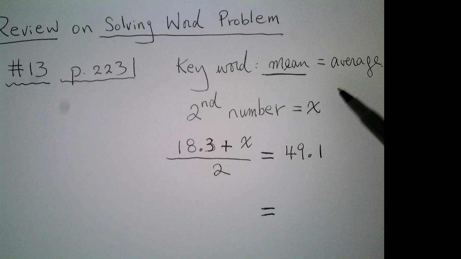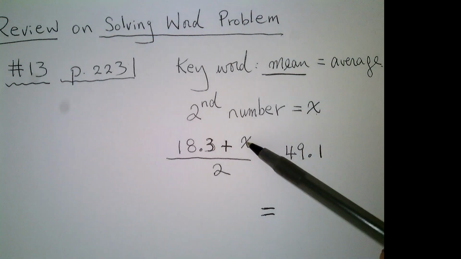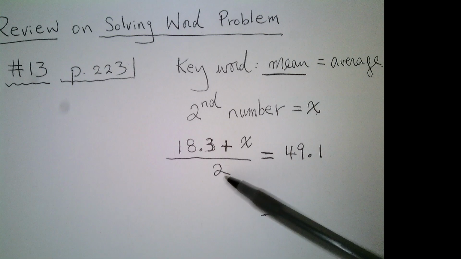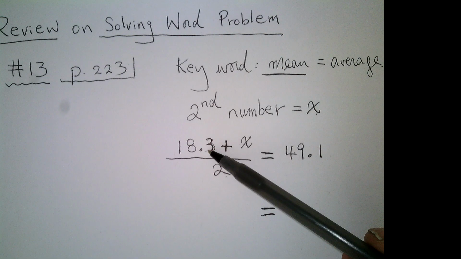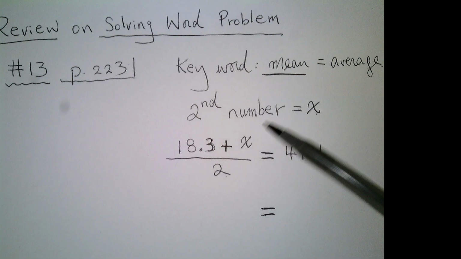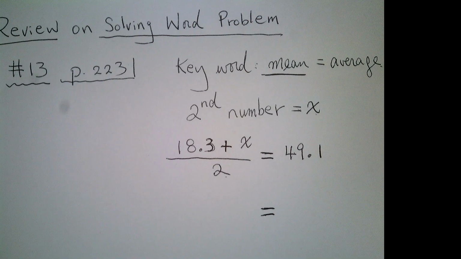The average of two numbers means you add them up and divide by 2. The question said one number is 18.3. So this year, next year, you're working on this particular skill, from looking at your steps, then hopefully you remember the question. Okay? So only by practice will you be able to achieve that.